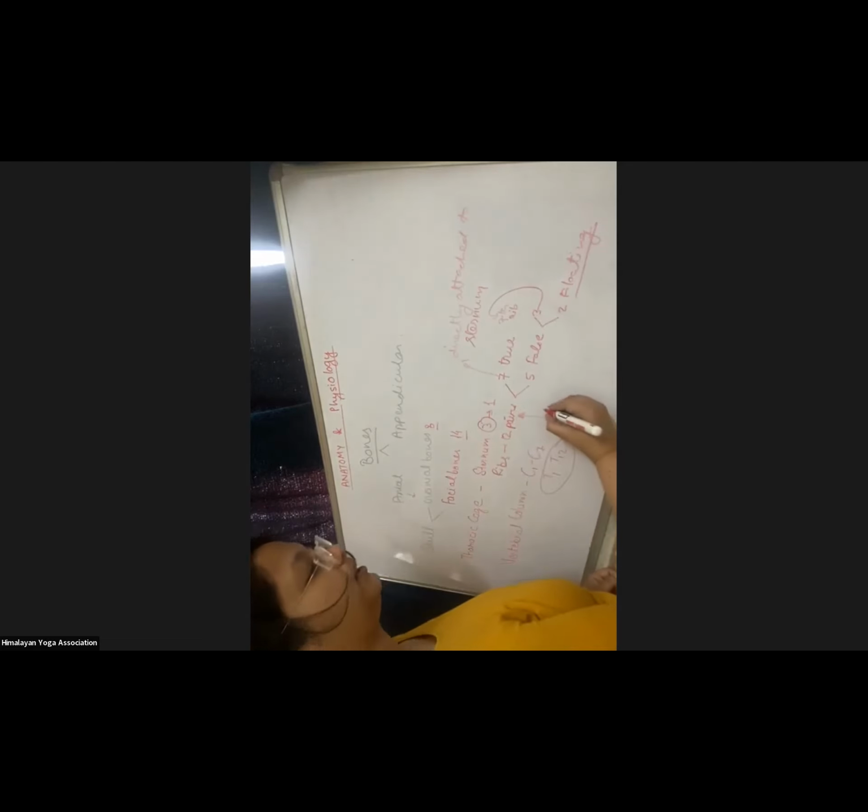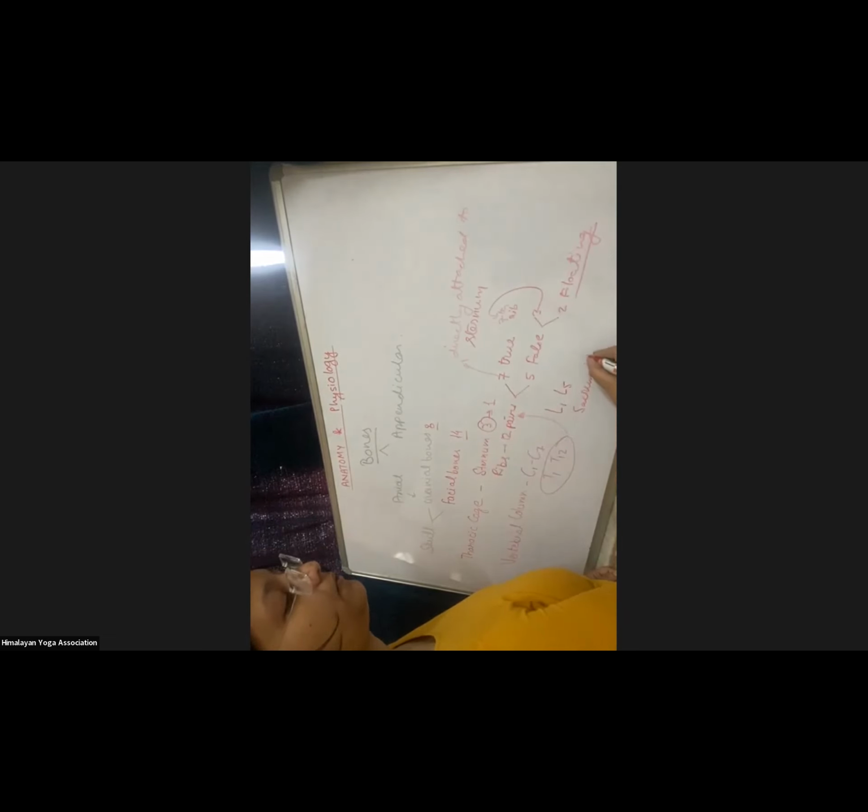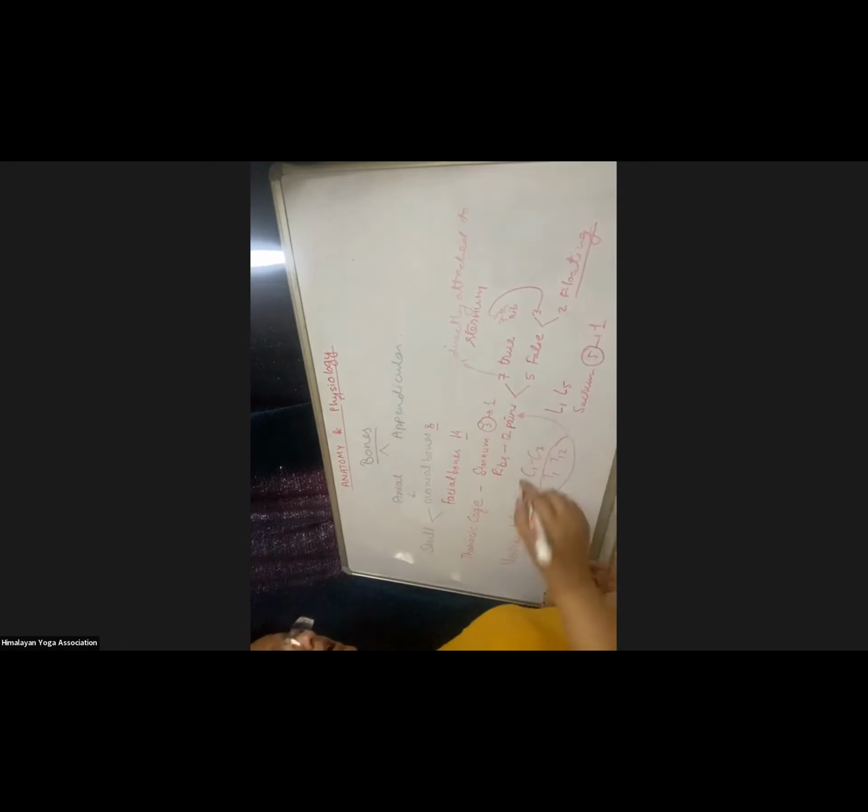And then we have lumbar L1 to L5, then sacrum. Here the 5 bones are fused into one by the age of 40-50, but this happens after the age of 20. And then last is coccyx. So this is axial. If you want to take screenshot, you can take screenshot.